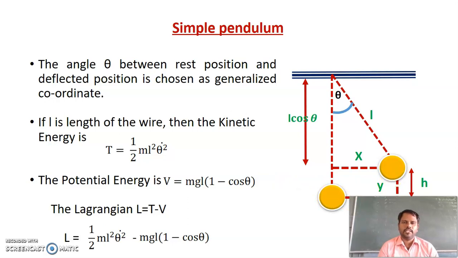Now, we have already seen that for a simple pendulum, the plane polar coordinate system is very suitable. If L, theta are the plane polar coordinates and L is fixed, which is a constant, then theta would be sufficient to describe the motion of a simple pendulum.